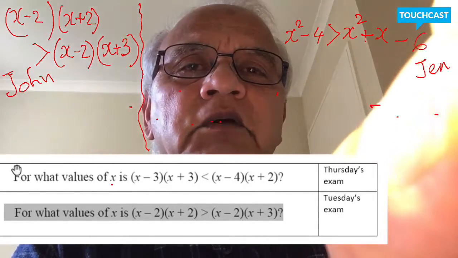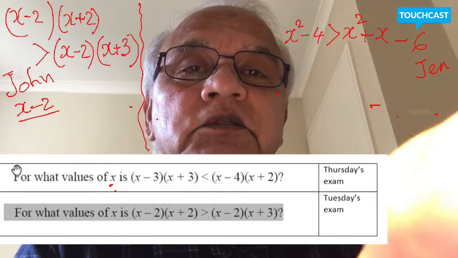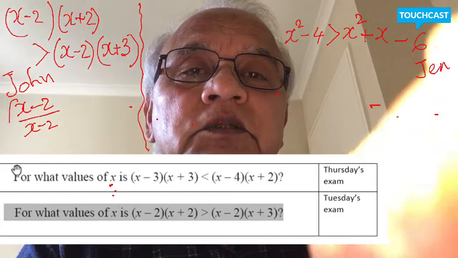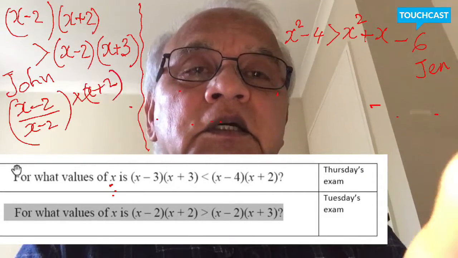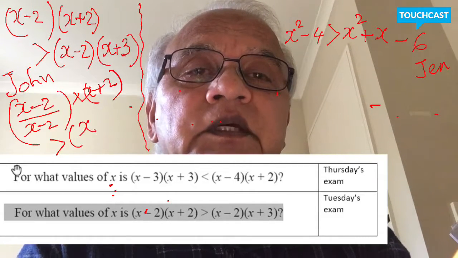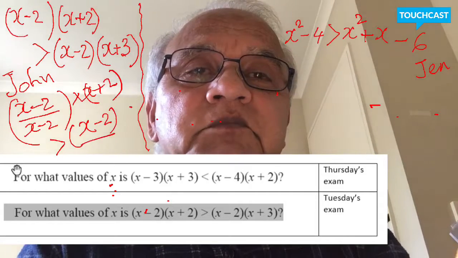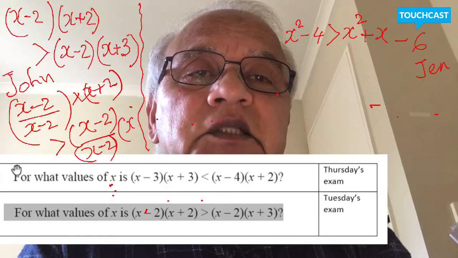answer, which probably John is going to do x minus 2 divided by x minus 2, and then he will go x plus 2 greater than x minus 2 divided by x minus 2 and x plus 3.